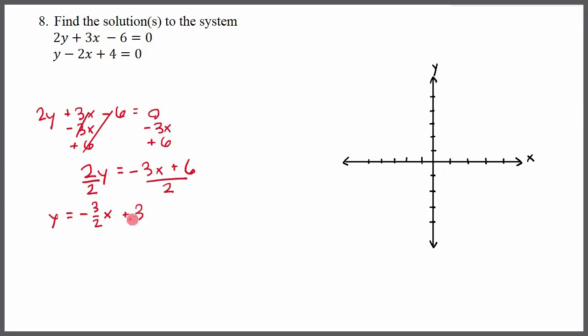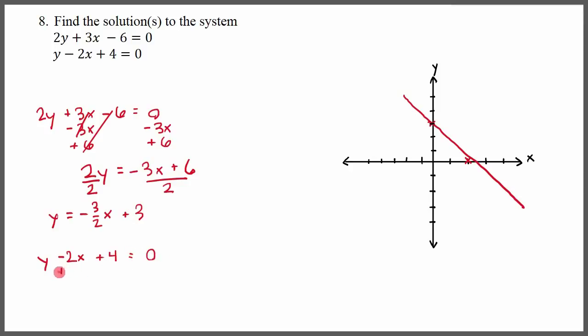Now to graph this, I'm going to start with the y-intercept, (0, 3), and it has a slope of negative 3/2. So I'm going to go down 3 and over 2. And our first equation looks like this. Now our second equation, y minus 2x plus 4 equals 0.